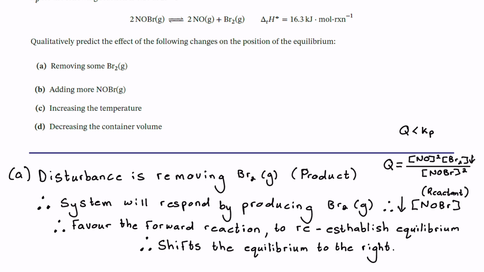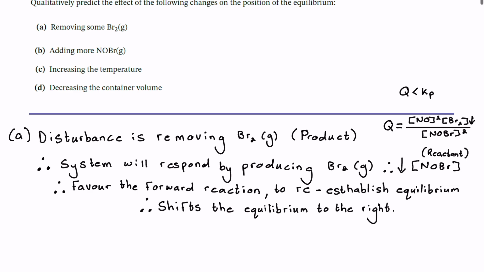Okay? So that's A. So let's look at B. B says, what happens if we add more NOBr? In this case, what is our disturbance? Our disturbance is we add NOBr.